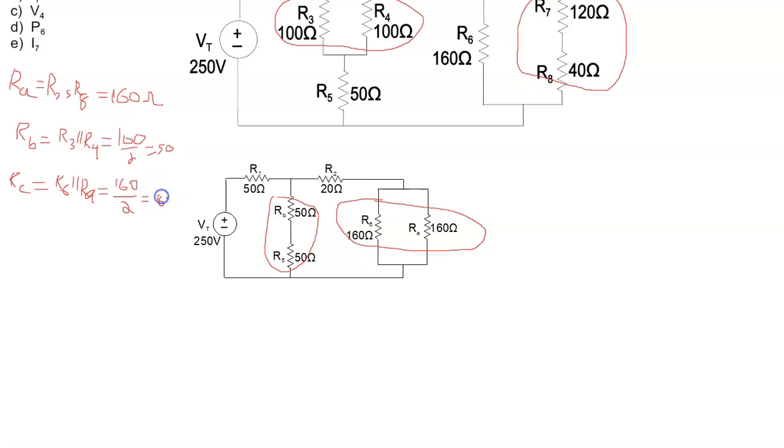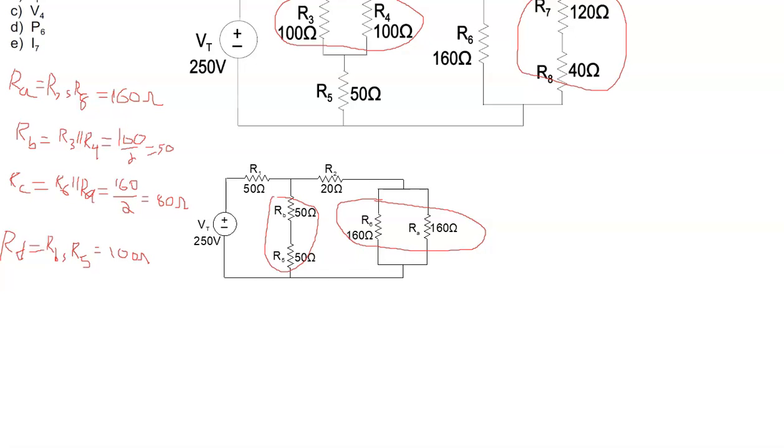Now remember that branch contains all of resistors 6, 7, and 8, and then I'll combine our D to say that it is equal to our B in series with R5, and the sum there then of the 50s gives us 100 ohms for RD.